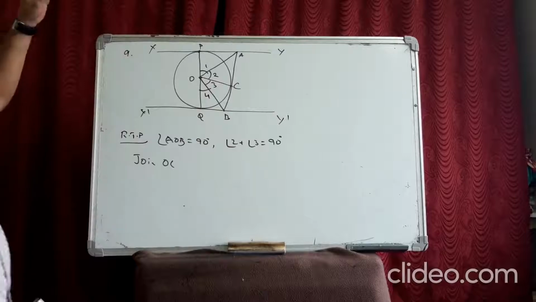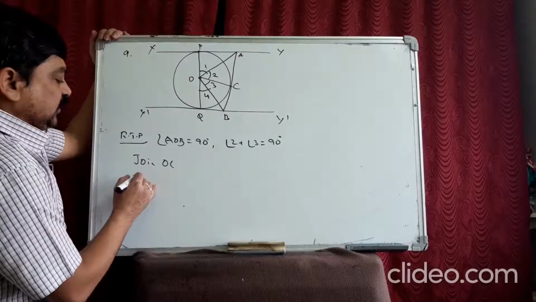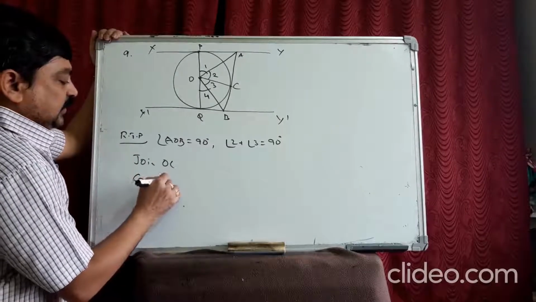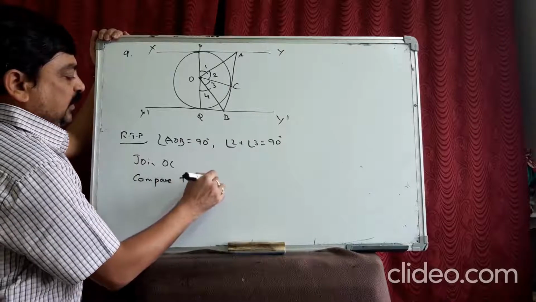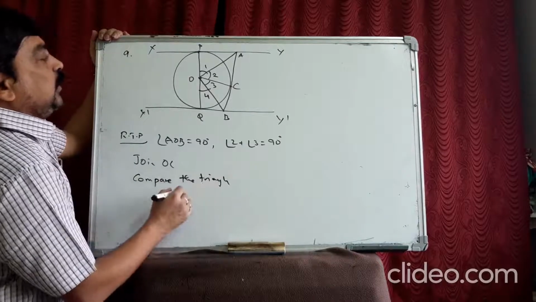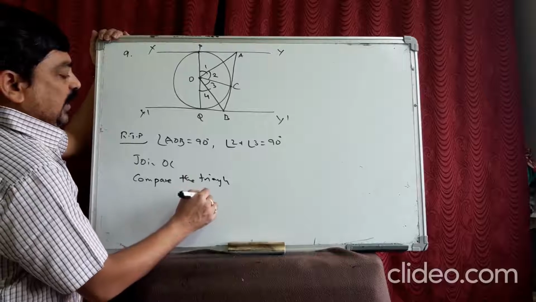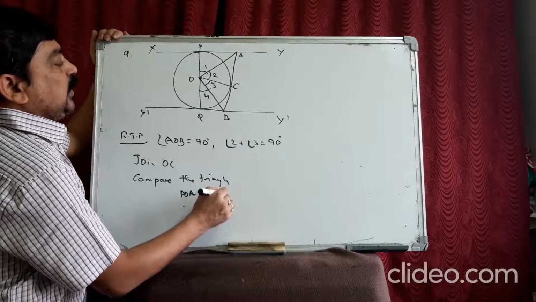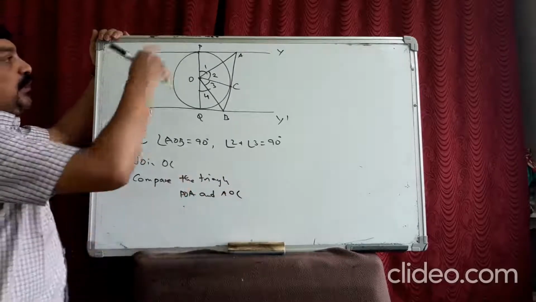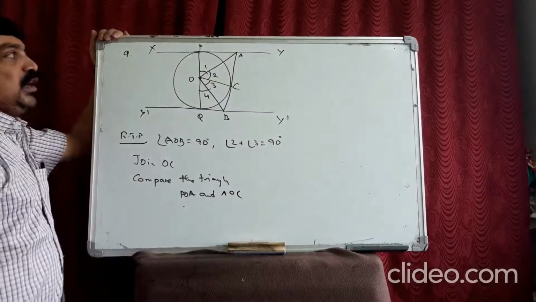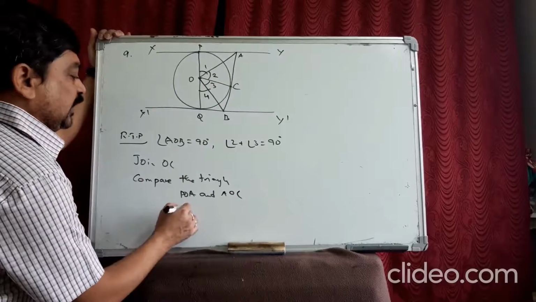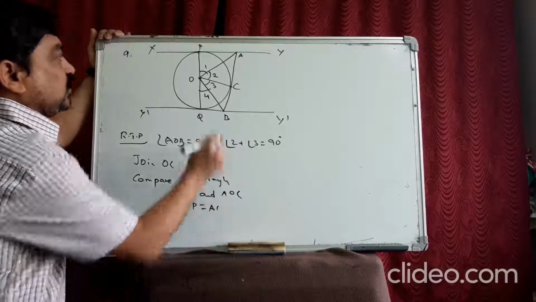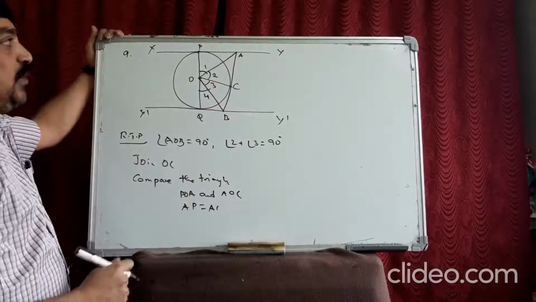Okay. Now, compare the triangles POA and AOC. What can you say? AP is equal to AC because these are the tangents.